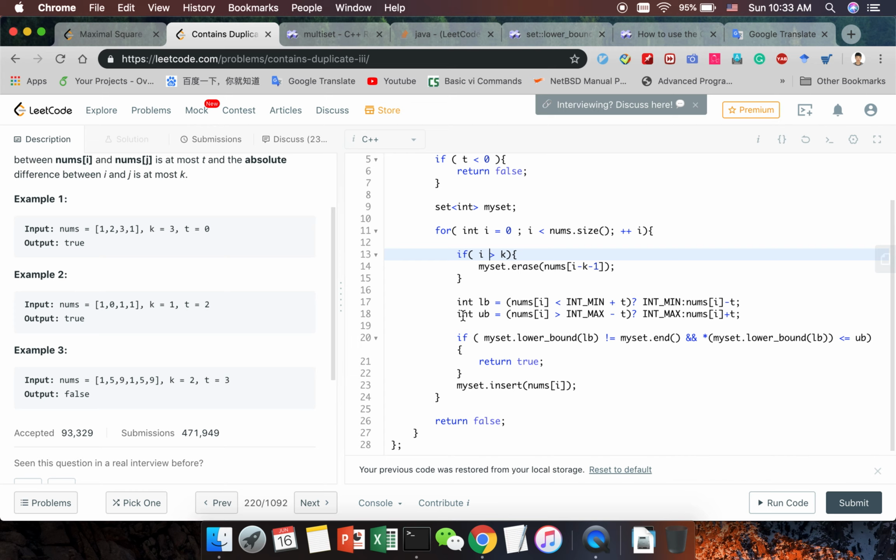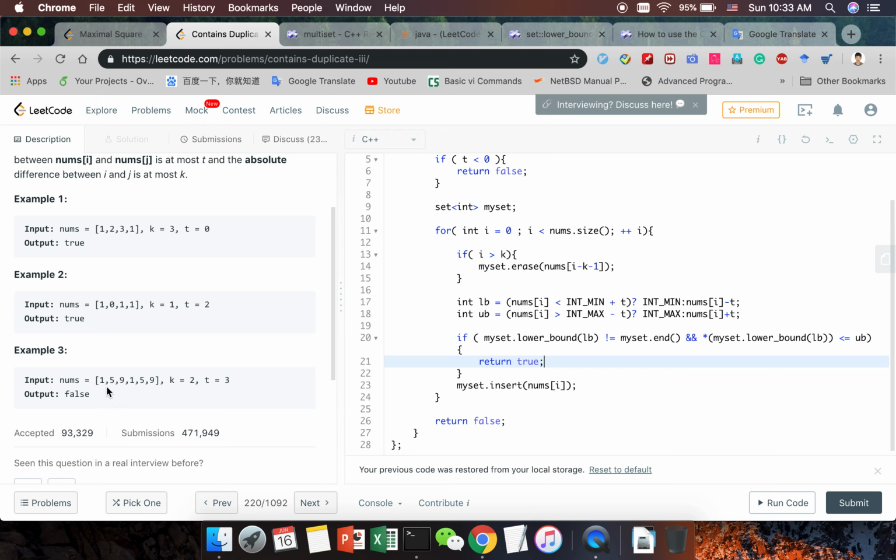We calculate the lower bound and upper bound, but currently in this set we don't have any values, so this condition must be false. So we just insert the first number. We cannot find any other number in the set to compare with.